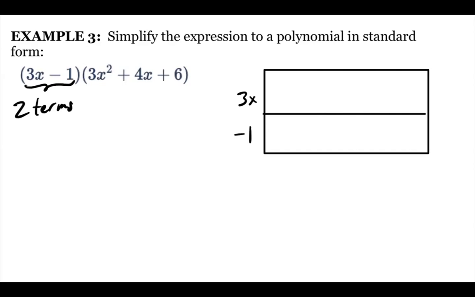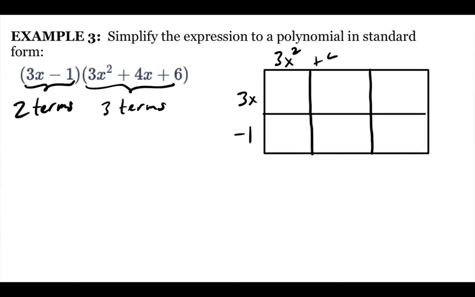And then this one has 3 terms. It's a trinomial, so it's got to have three sides. So this one is 3x squared plus 4x plus 6.